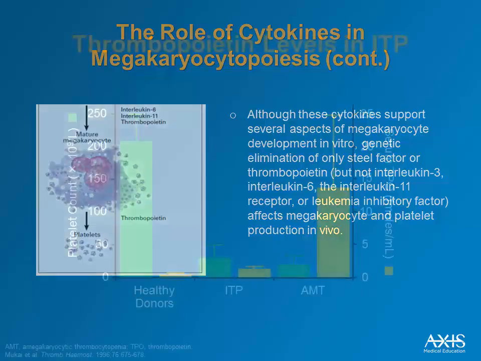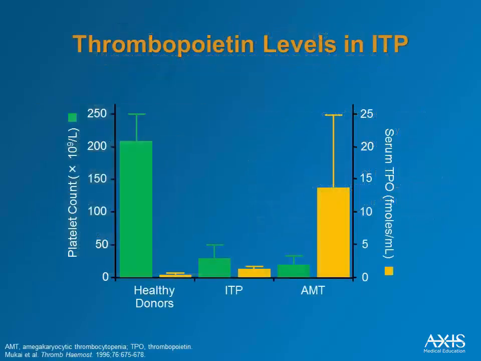the platelet count. This slide illustrates the conundrum about thrombopoietin levels in ITP. Platelet counts are in green, and thrombopoietin levels are in yellow. So if we start on the left side of the slide looking at healthy donors, they have a normal platelet count above 200,000, and we can see that they have a very low thrombopoietin level.